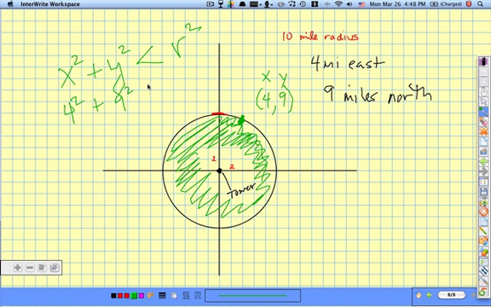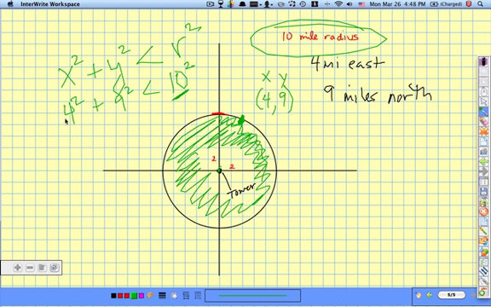Is that less than your radius squared? Our radius is 10 miles. This tower has a 10-mile radius. So 10 squared is where I get my r squared from. So all we have to do is check if this is true or not.